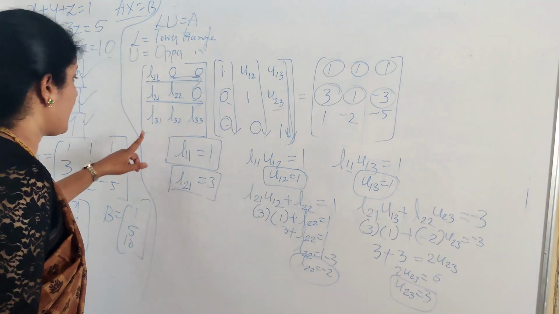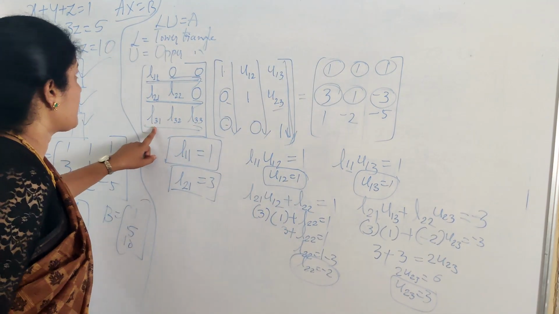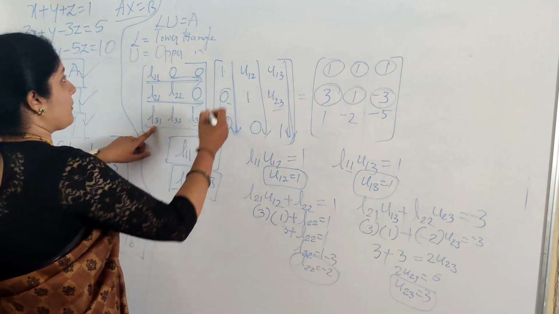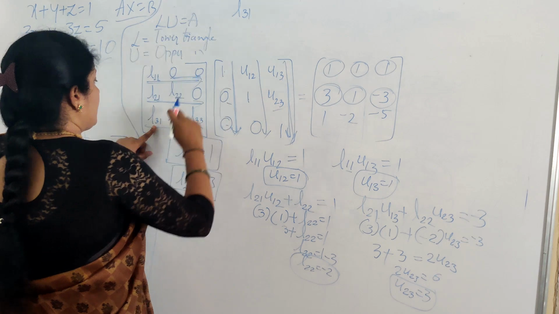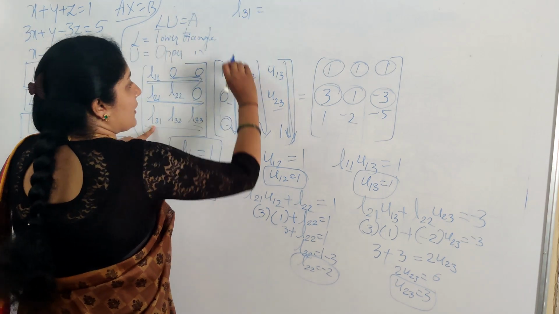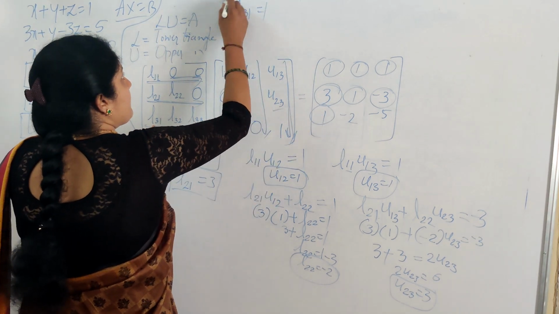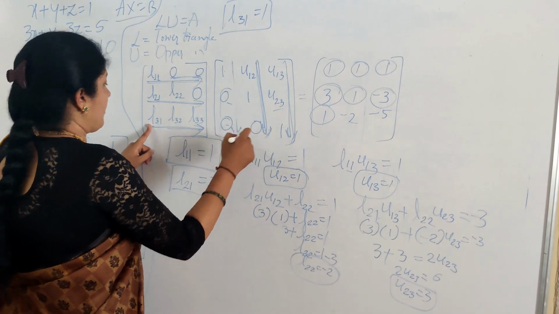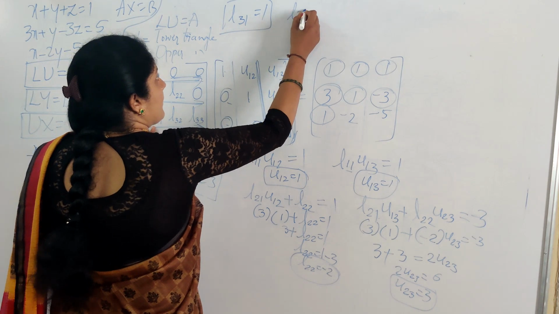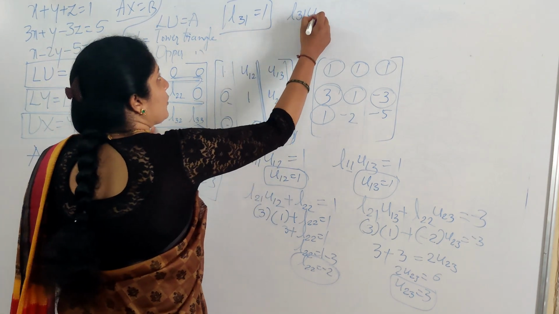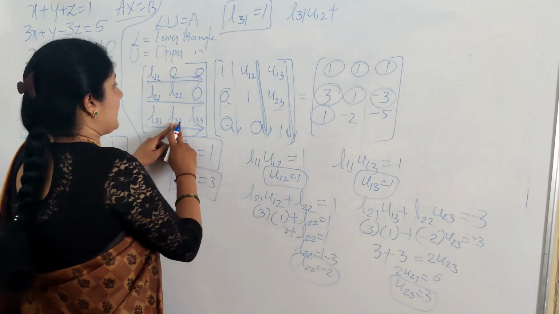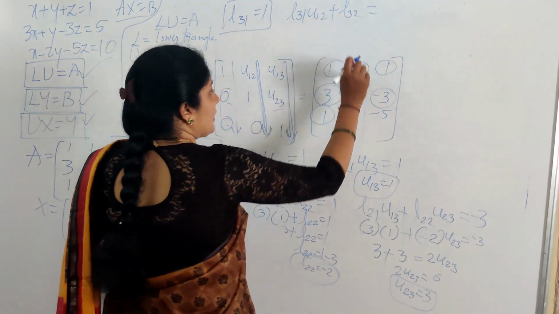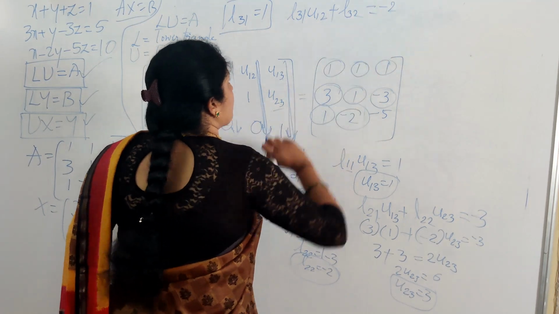Now the last row, last row with the first column, L31 is equal to 1. Next, last row with the second column, L31 into U12 plus L32 into 1 is equal to minus 2.